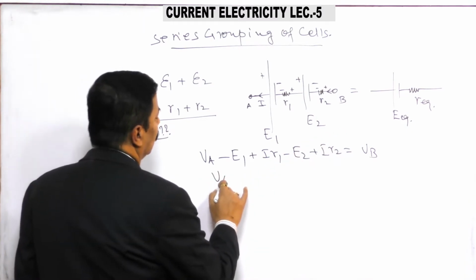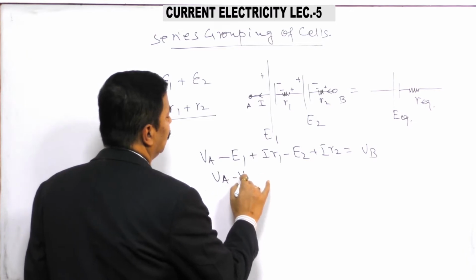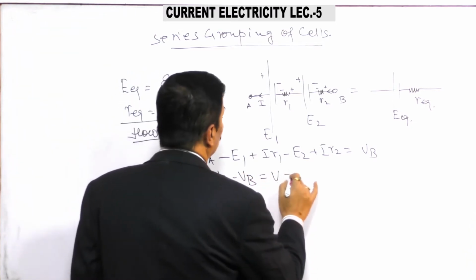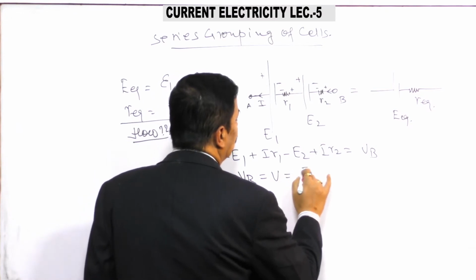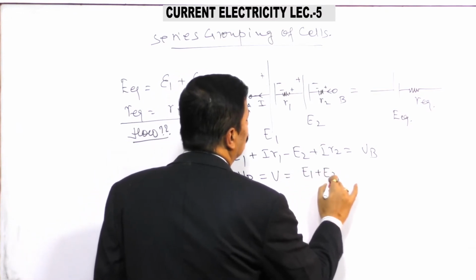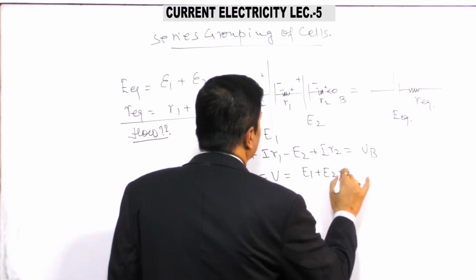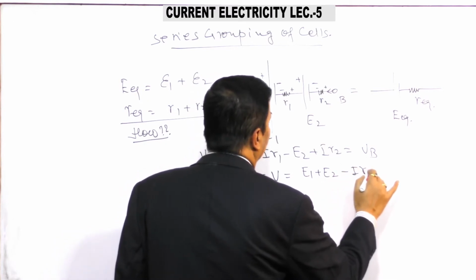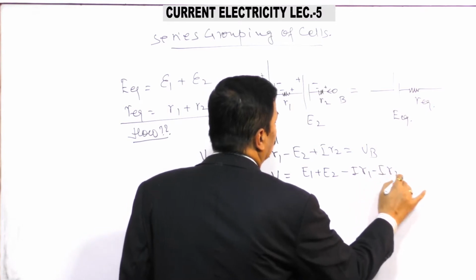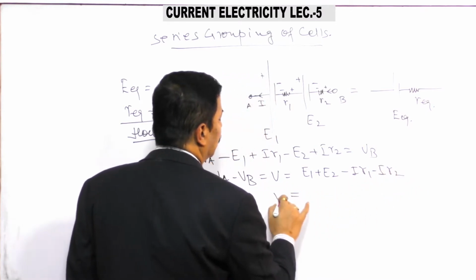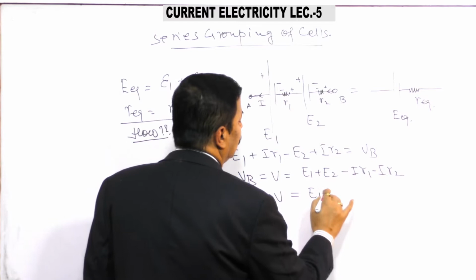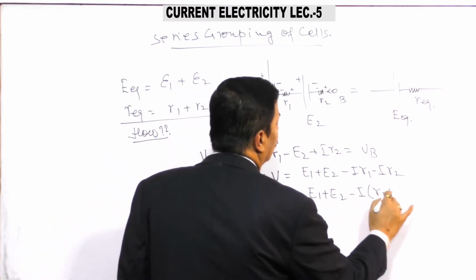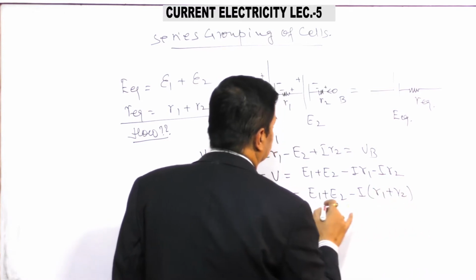We are getting VA minus VB. If I say V, then it is equal to E1 plus E2 minus IR1 minus IR2. This gives V equals E1 plus E2 minus I(R1 plus R2).